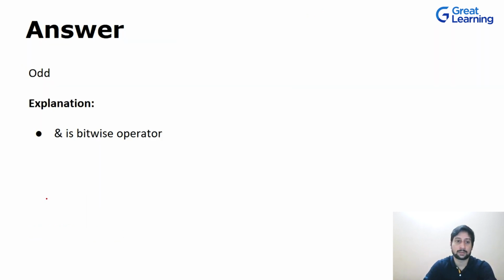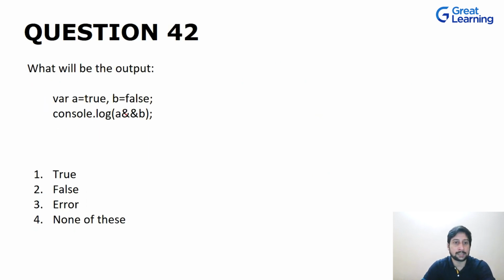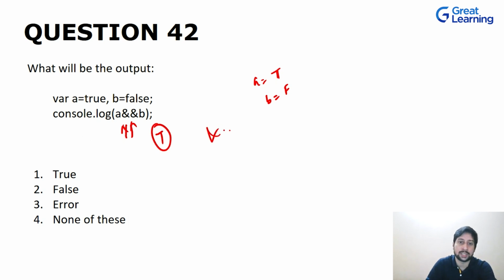Okay, so we are doing a bitwise AND and we got the output as odd. Now let's move on to the next question. We have two variables, boolean variables this time, a which is true and b which is false. Now in this case we are simply doing a AND b. We know that when both the conditions are true, in that case we will get the output as true when we are doing a logical AND.